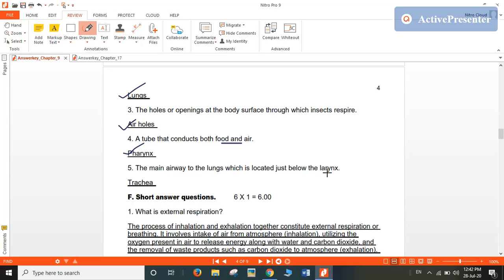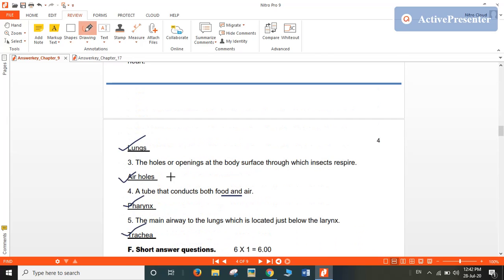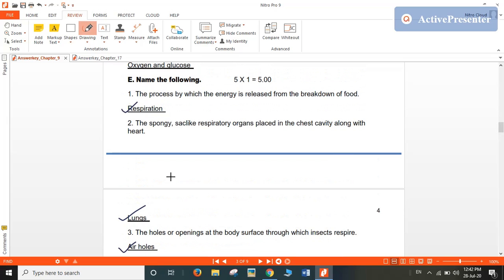Which main airway is just below the larynx? That is the trachea, right. So these are the answers of name the following.